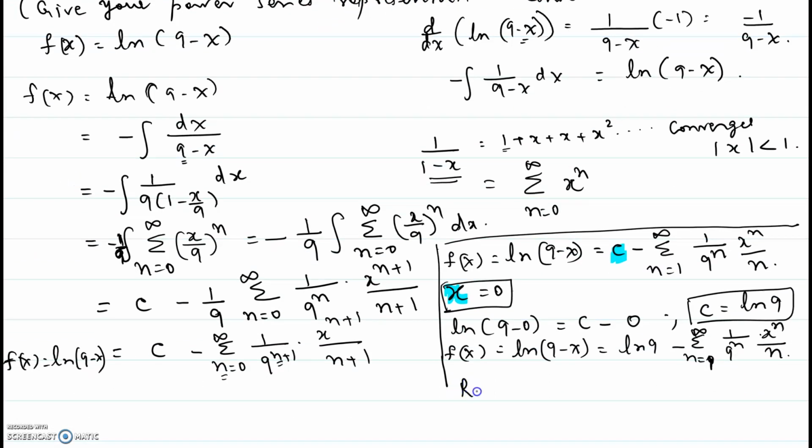Now the radius of convergence is pretty much the same as the radius of convergence of the power series for the geometric series.